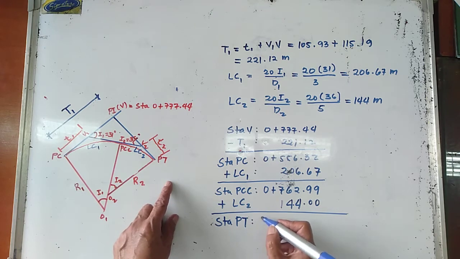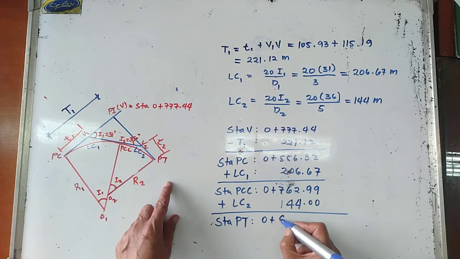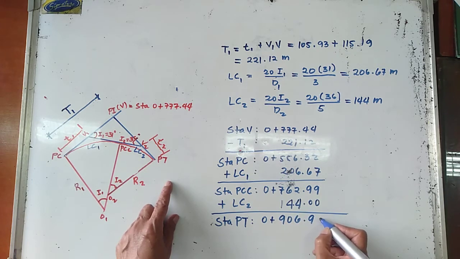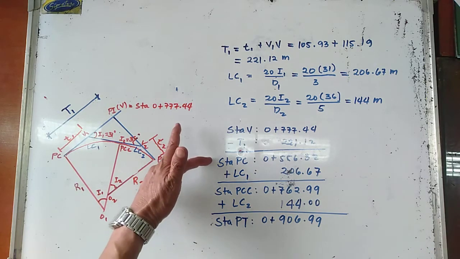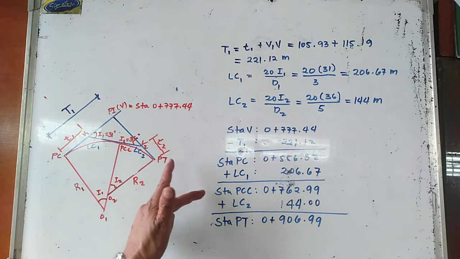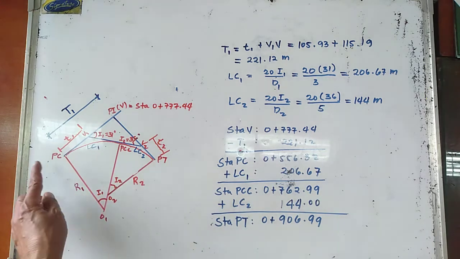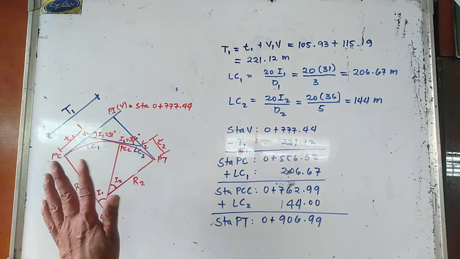So station PT is therefore 0 plus 906.99. So we now have station PC, station PCC, and station PT of the compound curve.